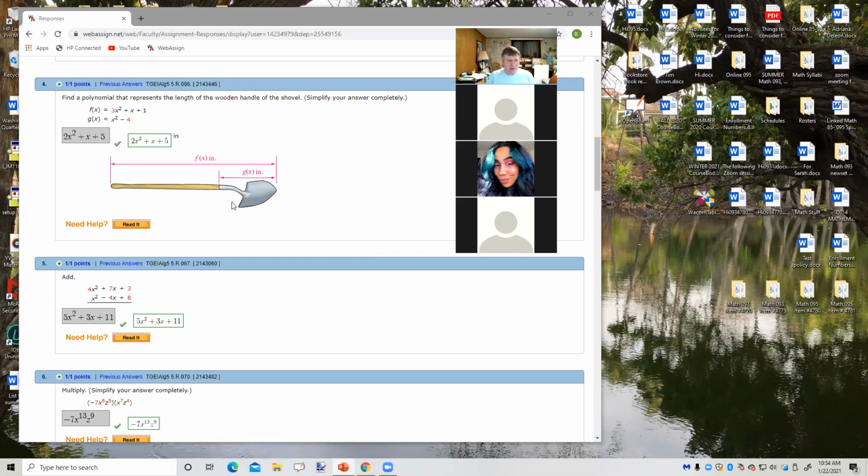The part of it that's just the metal, I don't know what you call that, the spade or the head part, is x squared minus 4. If we want just the handle, we're going to take the whole thing minus the metal part. So we're going to take 3x squared plus x plus 1 minus the quantity x squared minus 4. Does that make sense?